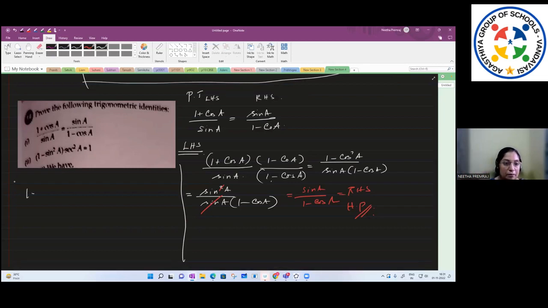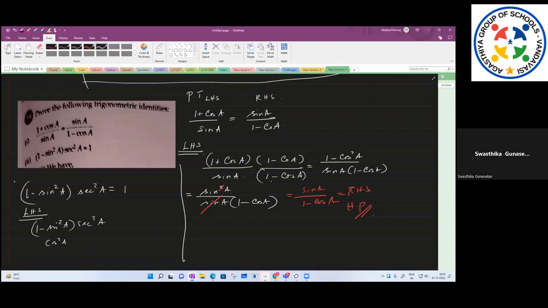This one: (1 minus sine square A) times secant square A equals 1. In this also I take LHS. What is LHS? (1 minus sine square A) times secant square A. 1 minus sine square A is what?